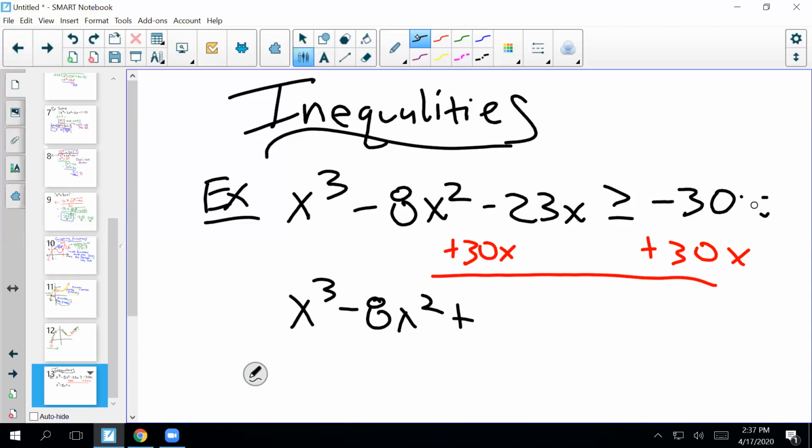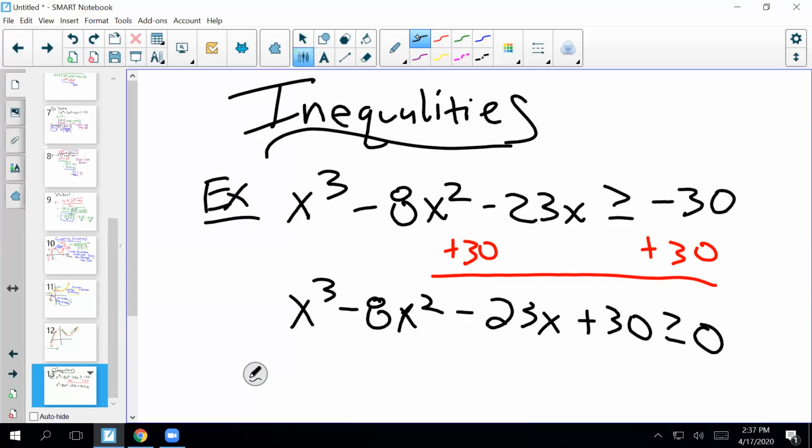Sorry. If you don't mind, I'm just going to erase these x's. I didn't mean for those things to combine. So I'm just going to add 30 to both sides. So we still have negative 23x plus 30. They're going to equal 0.